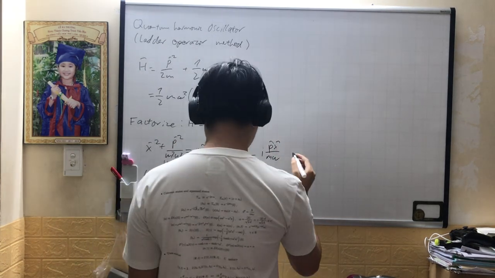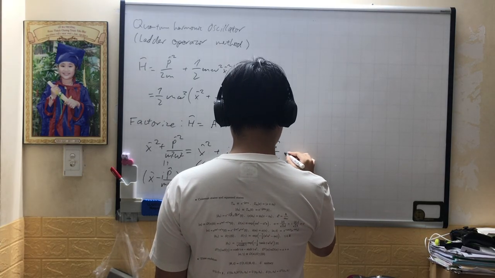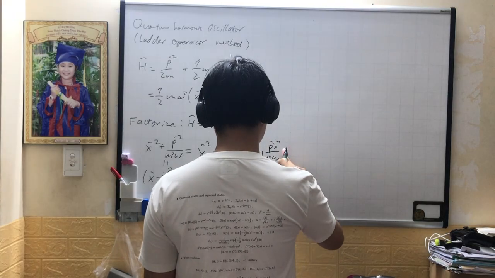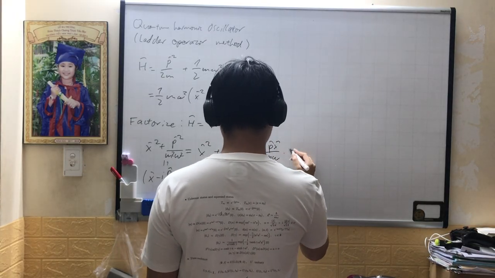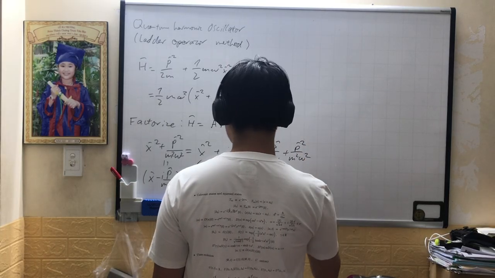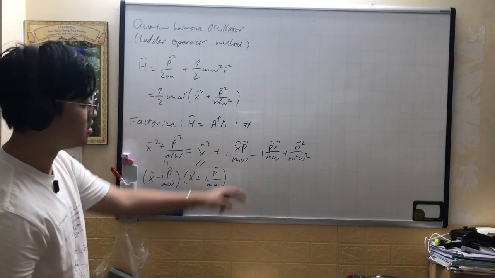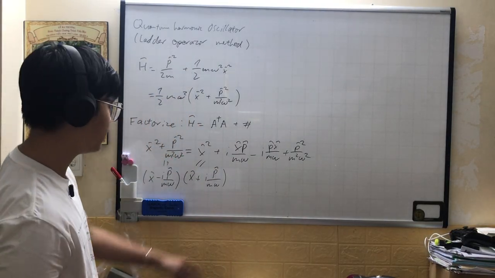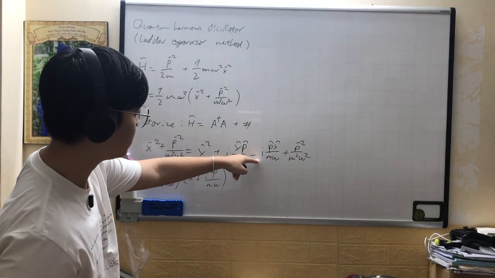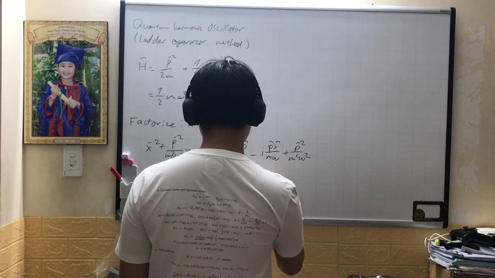Okay, it looks a little bit messy. Now this term, plus p, make it square. From this, you can see you can put these two together and that creates a commutation.